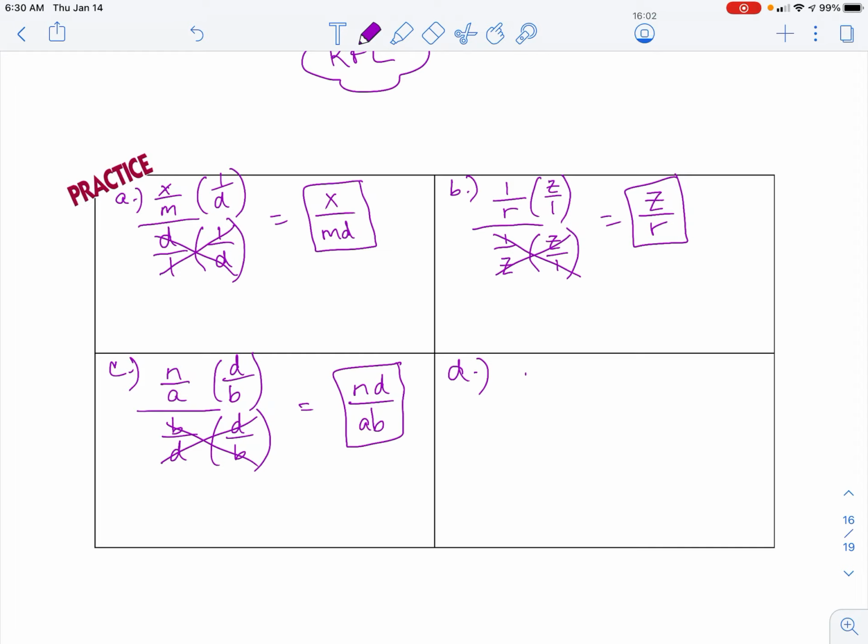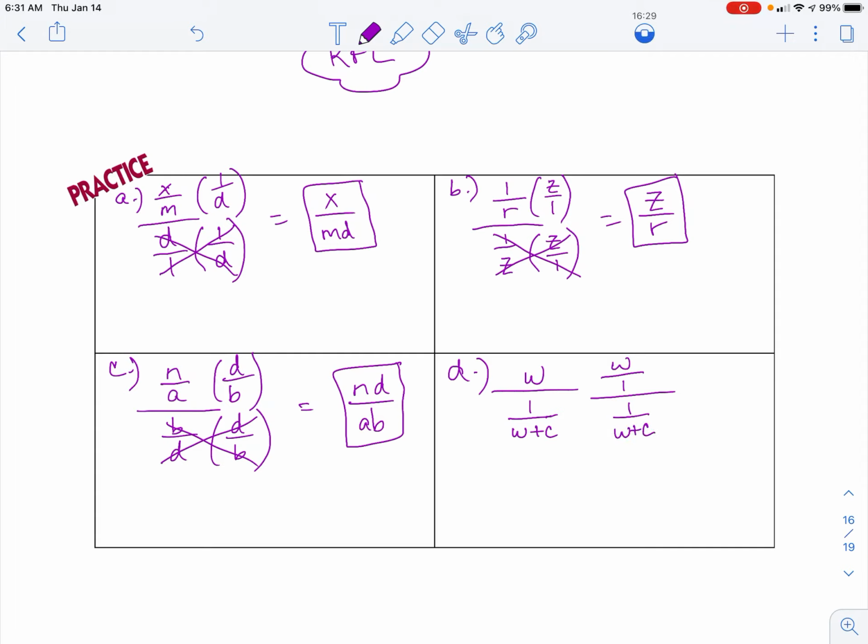Letter D, we have W over 1 over W plus C. And the same rule applies. We're going to use the reciprocal here to eliminate the denominator. Oh, you know what? I'm going to go back for just a moment because I'm going to rewrite this fraction so I can put this W over 1. Now I can put the denominator down here.